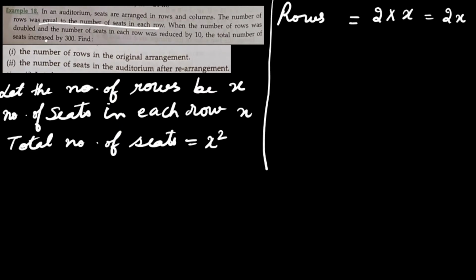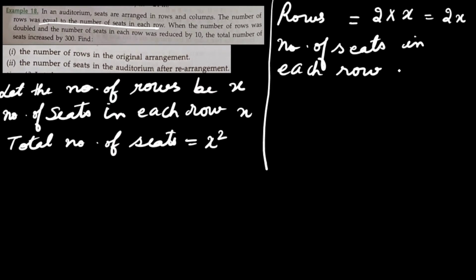When the number of rows was doubled, the number of seats in each row reduced by 10. So now the number of seats in each row is reduced by 10.